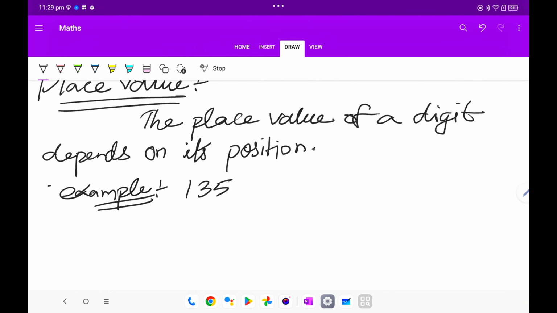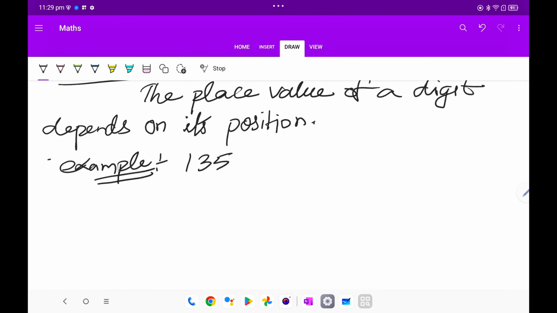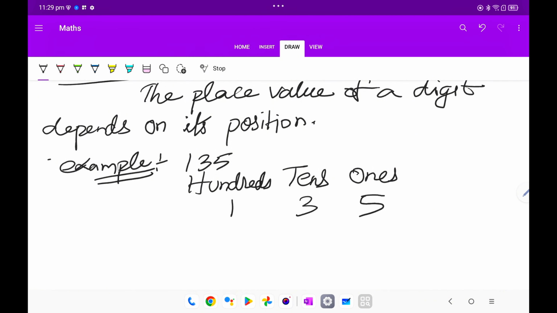You need to classify the number into ones, tens, then hundreds. 1, 3, 5. The 5 comes under ones. The 3 comes under tens.